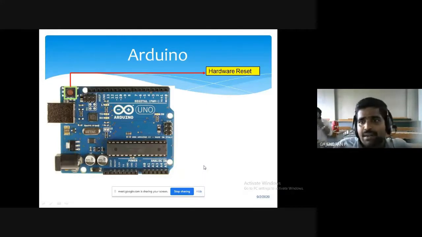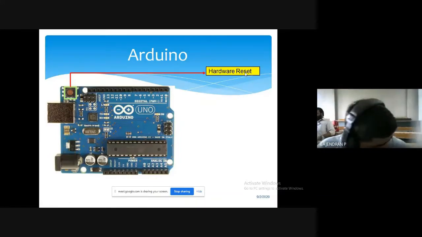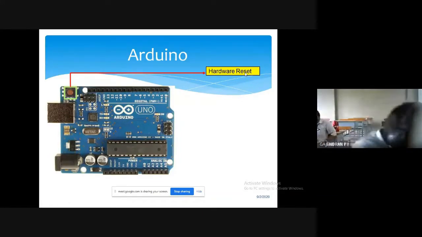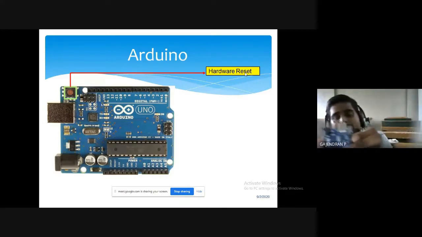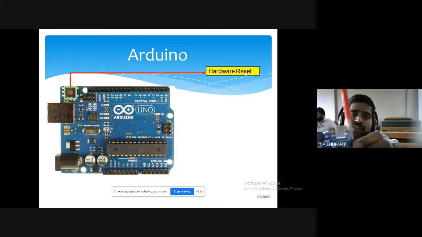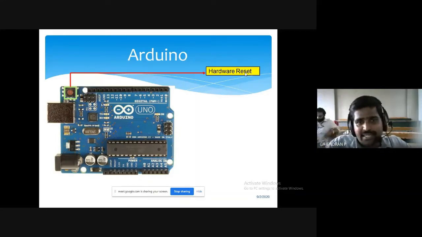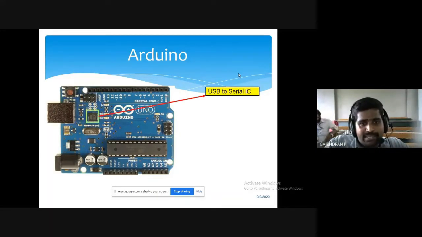This is called hardware reset. Manually, you need to press the button to reset. That option also they have given. If you press it, this is your hardware reset. You can reset.